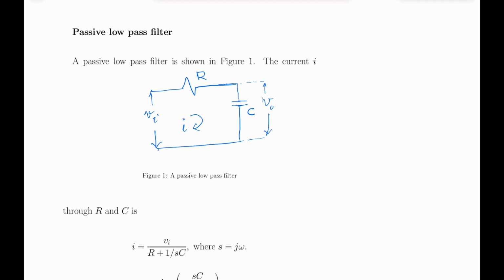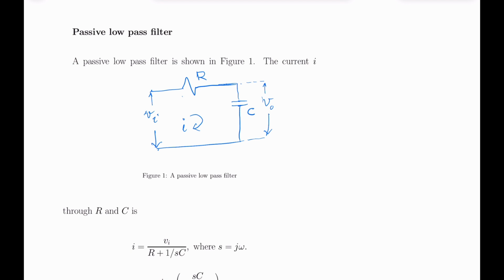Before describing the Butterworth's first order low pass filter, it is better to have a look at the passive low pass filter. A passive low pass filter is shown in figure 1. We have a resistor and a capacitor connected in series, and a potential Vi is applied across this combination.